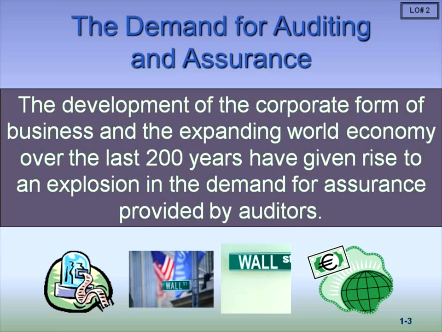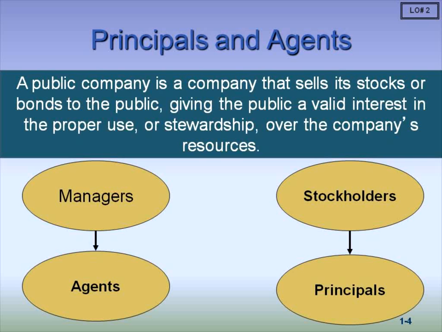There is a demand for auditing in our economy. Why? Because of the agency relationship between absentee owners, who are principals, and managers, who are agents, which produces a natural conflict of interest due to the information asymmetry. If you'll remember, we discussed information asymmetry and the conflict of interest that is developed because of that.